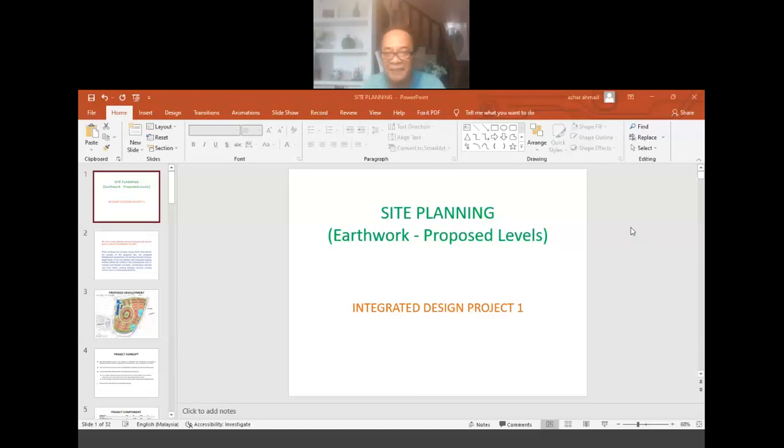So basically, we are looking at a first trial of the proposed level, and subsequently, after the costing department has come up with the relative costs related to earthwork, the earthwork department will come again and try out a new level.